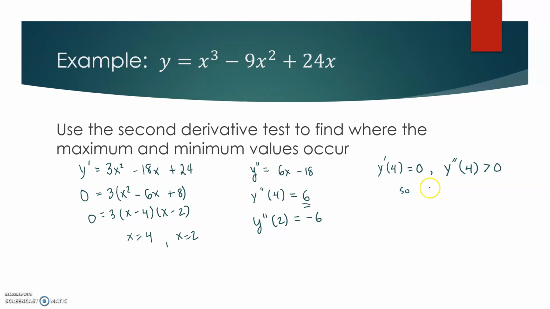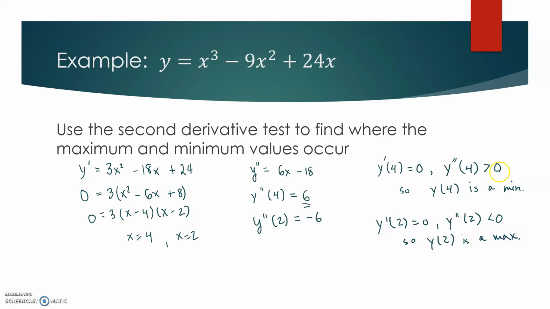So y of 4 is a minimum. That's just really easy to write. And then if we wanted to do the other point, we would say y prime of 2 equals 0. y double prime of 2 is less than 0. So y of 2 is a maximum.